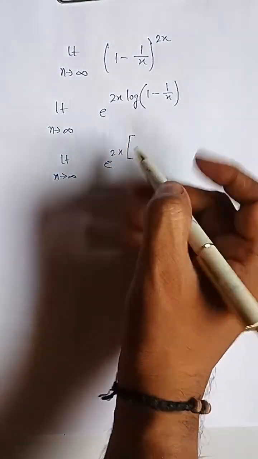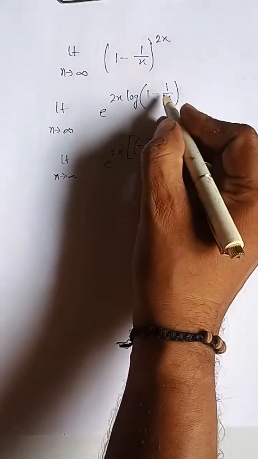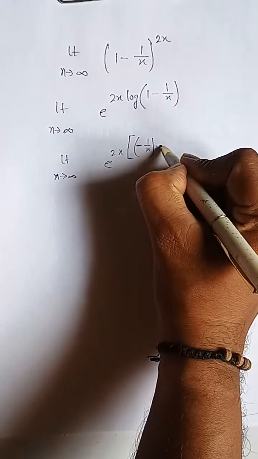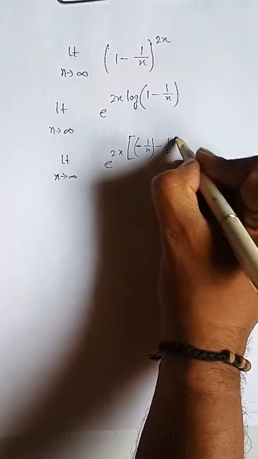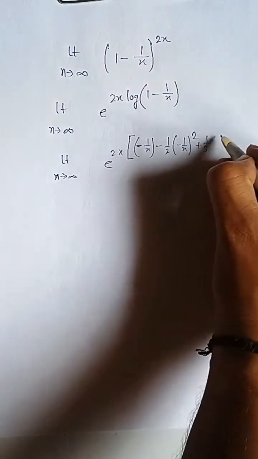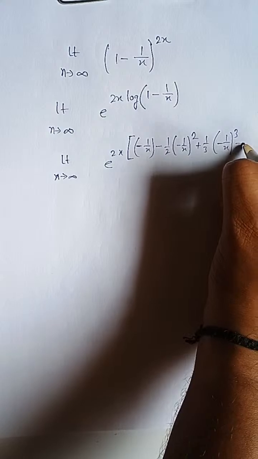So I just put here minus 1 by x, this term, then minus 1 by 2, and this term minus 1 by x squared, then plus 1 by 3 minus 1 by x power 3 negative, and so on.